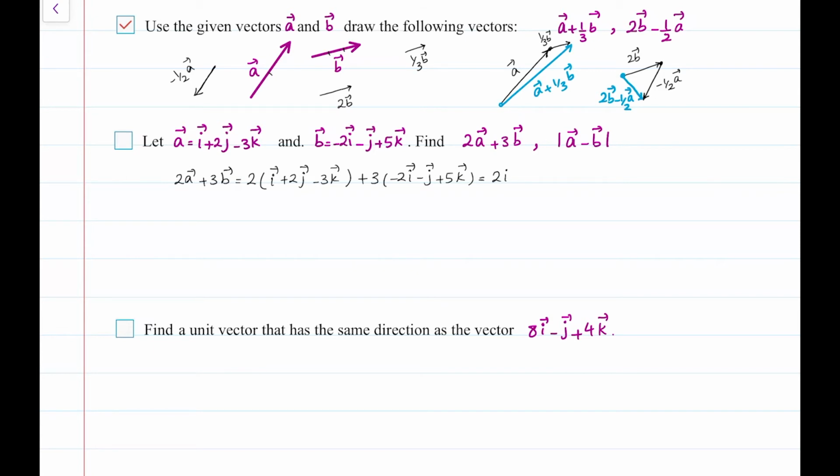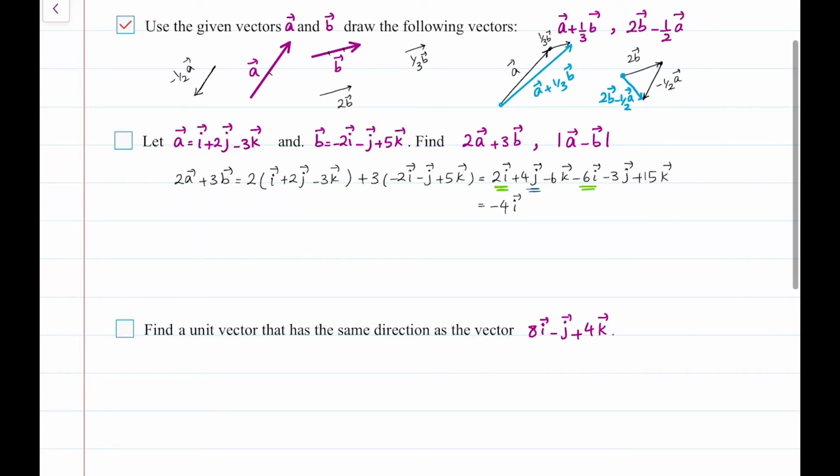It would be 2i plus 4j minus 6k minus 6i minus 3j plus 15k. I just distribute the numbers. And then look here, I have 2i and negative 6i, so together it would be negative 4i.